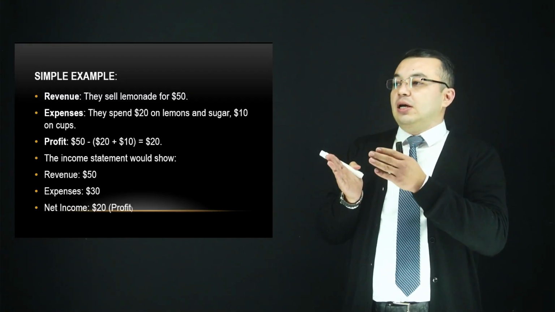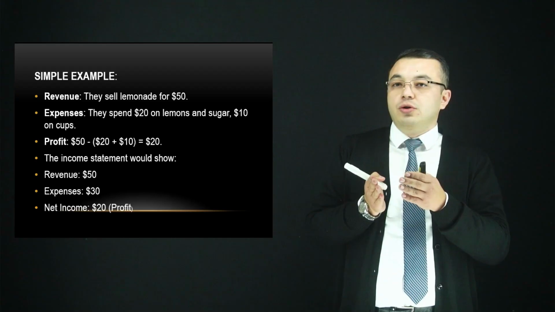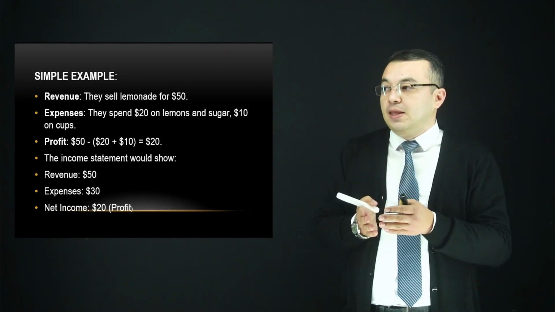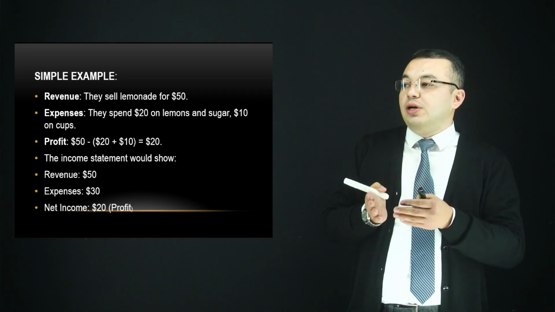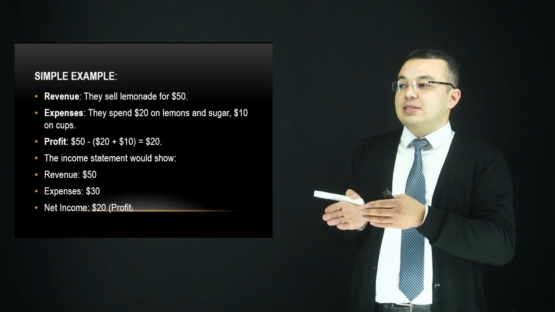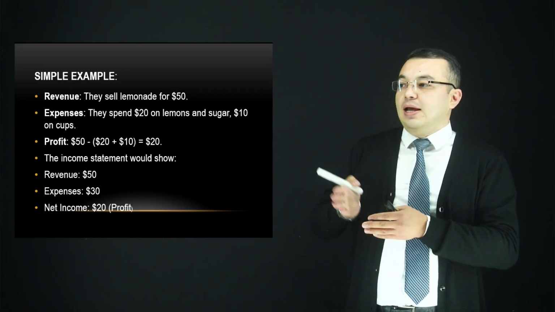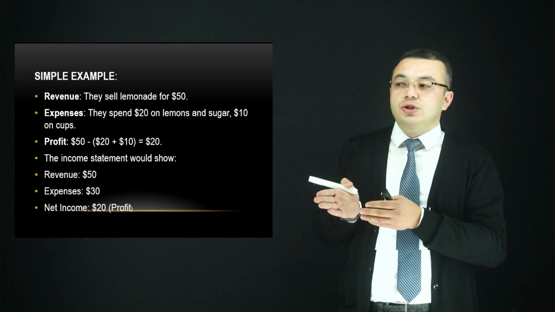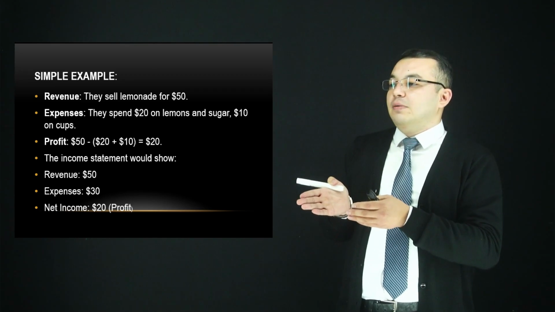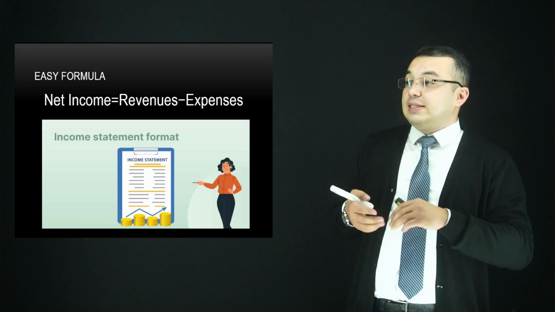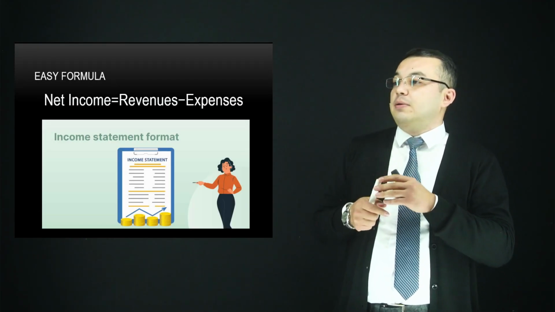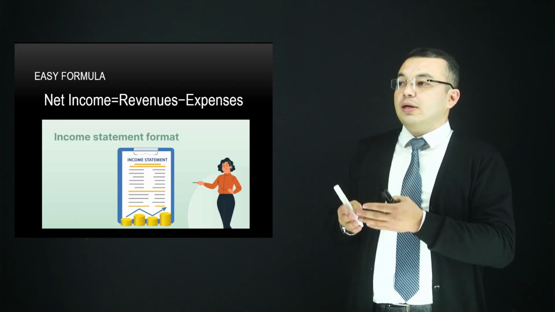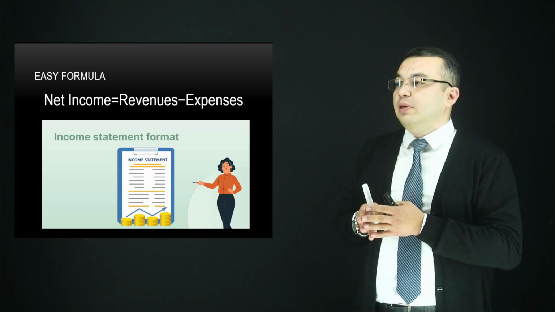And $50 minus $30 will be equal to $20. It's the profit. The income statement would show revenue $50, expenses $30, and net income $20. In that case, we create an easy formula: revenue minus expenses will be net income.